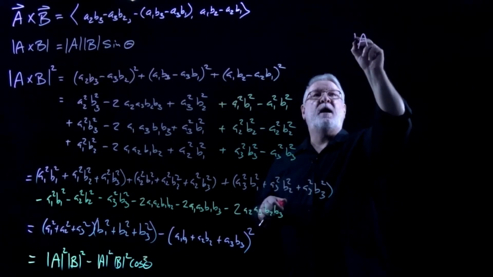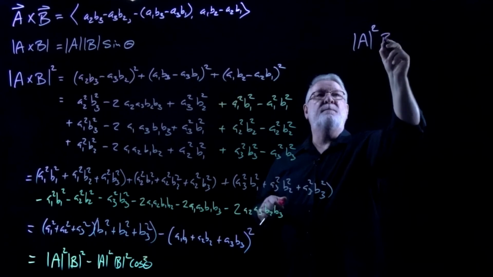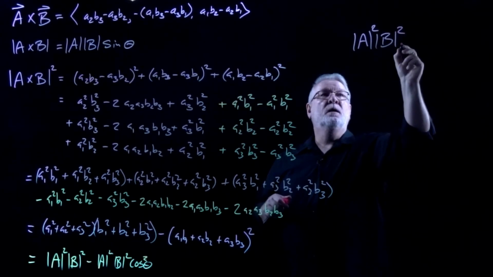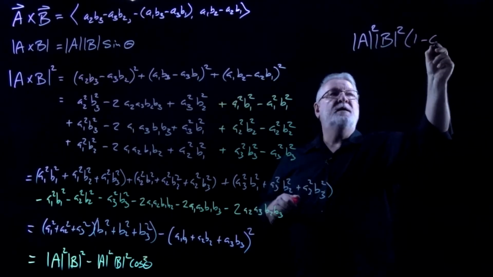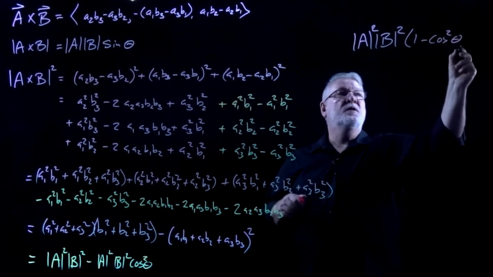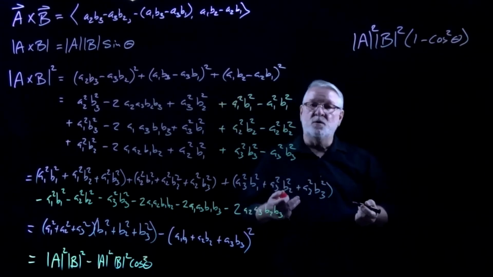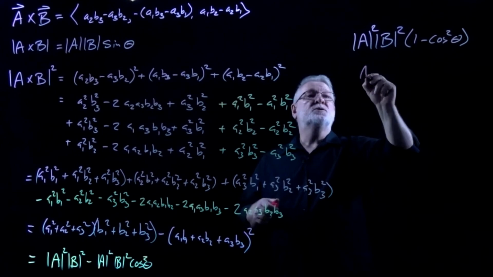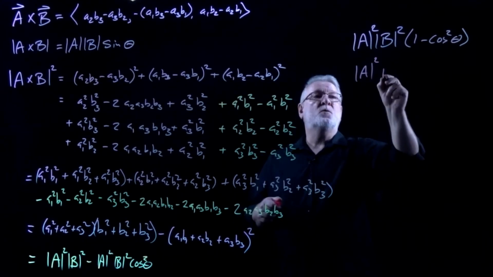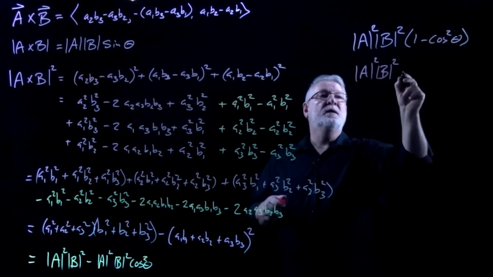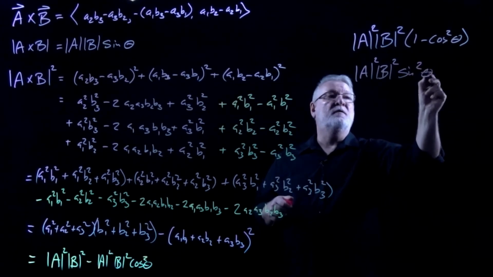We can pull out the magnitude of A squared and the magnitude of B squared. And what's left is 1 minus cosine squared theta. Of course, 1 minus cosine squared is sine squared. So this becomes the magnitude of A squared, magnitude of B squared, times the sine squared of theta.